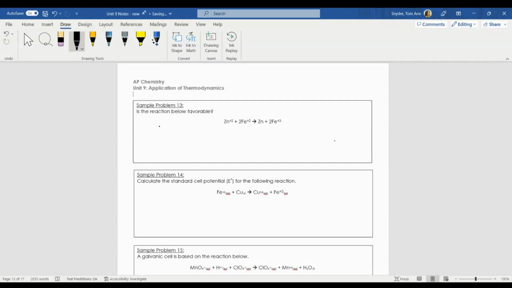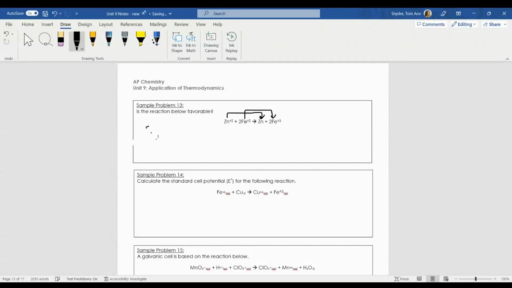I will email this to you too if you have it, but you can look up these standard reduction potentials. We can look up what the reduction potential is from zinc plus 2 to zinc, and what the reduction potential is going from iron plus 2 to iron plus 3, the opposite. If we look on that chart, here's what we'll see.